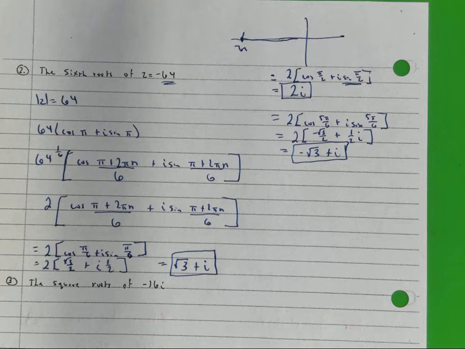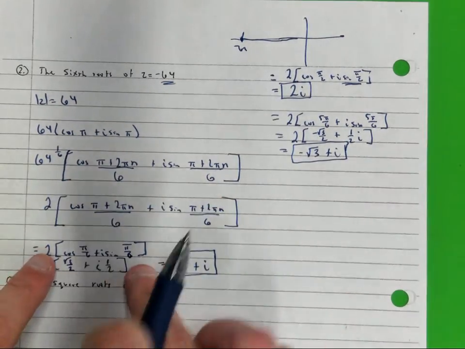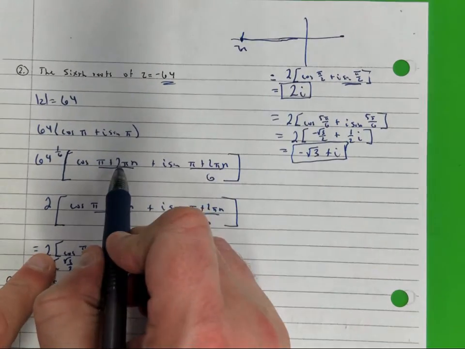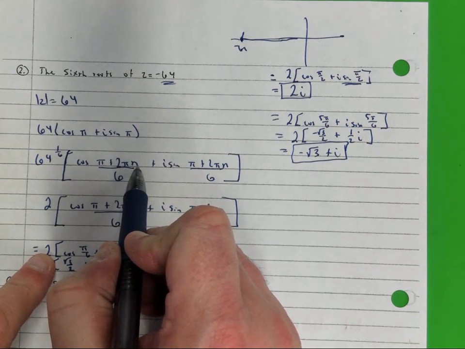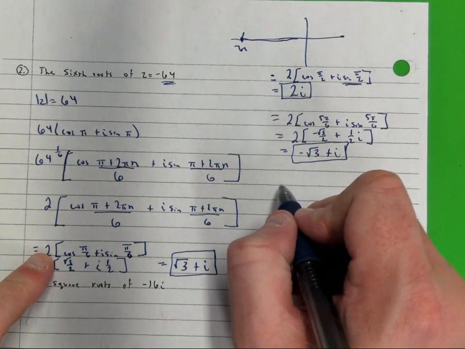All right, next. We plug 0, 1, 2. Let's plug 3. What's 2 pi times 3? Wait, 0, 1, 2, yeah. 6 pi plus pi is what? 7 pi over 6. Two pi, we plug 0 here, plug 1 here, plug 2, now plug 3. 2 pi times 3 is 6 pi plus pi is 7 pi.